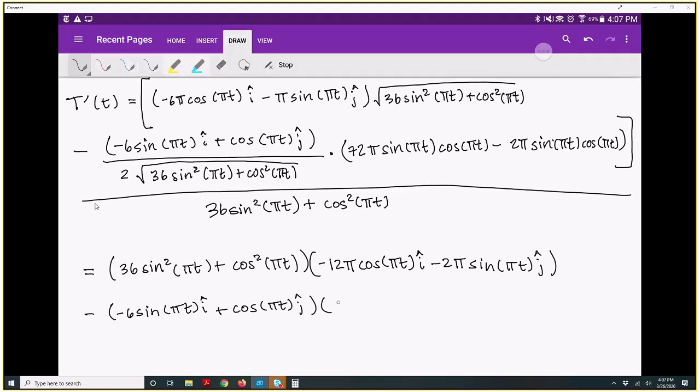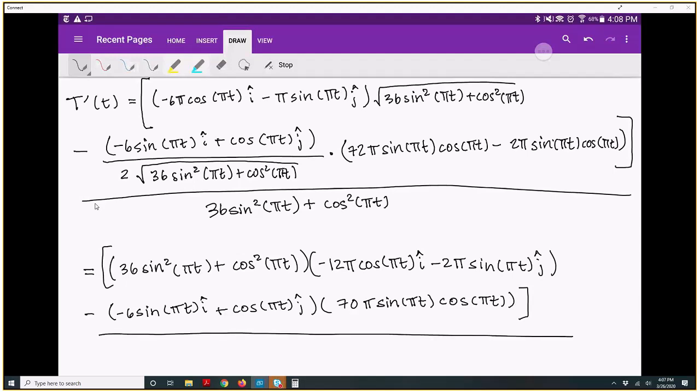and still multiplied here by, this is 72 pi sine of pi t cosine of pi t minus 2 pi sine of pi t cosine of pi t, so I can just make that 70 pi sine of pi t cosine of pi t. And this whole thing is still divided.